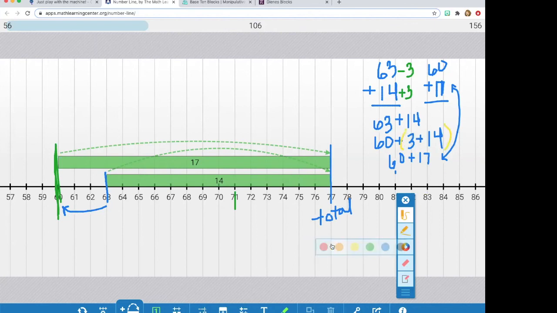Sorry, that yellow doesn't show up very nicely. We decomposed 63 into 60 plus 3 and added it to the 14 now to get this 60 plus 17. Friendlier numbers, easier addition. By taking away, changing that initial addend, it actually then increased this addend. The 14 went to 17. So we see that the total then stays the same when we use the number line representation.